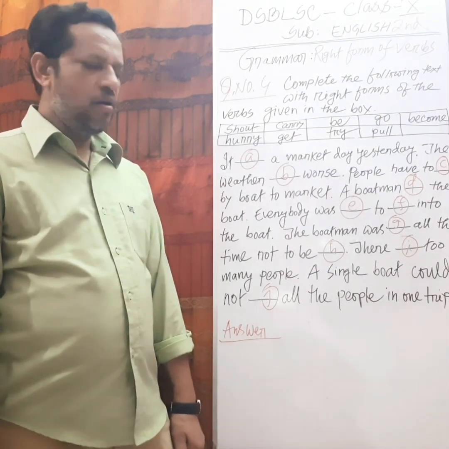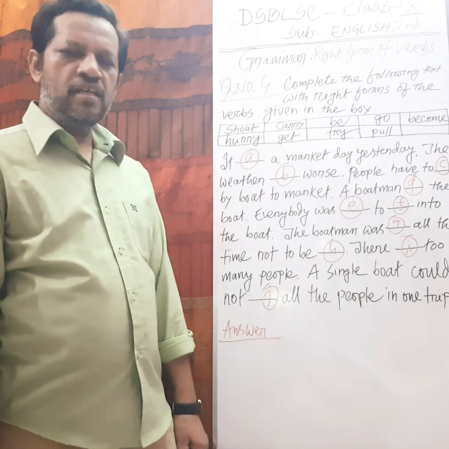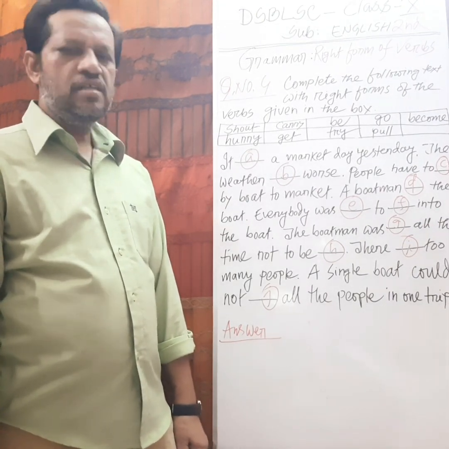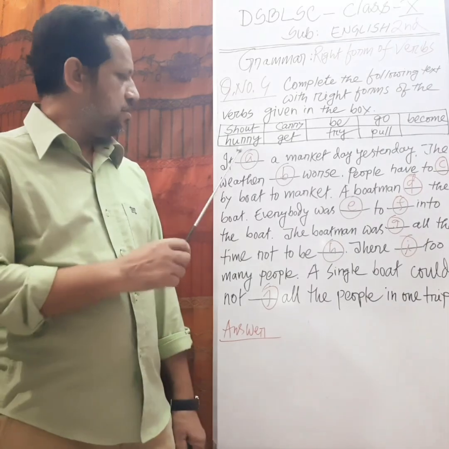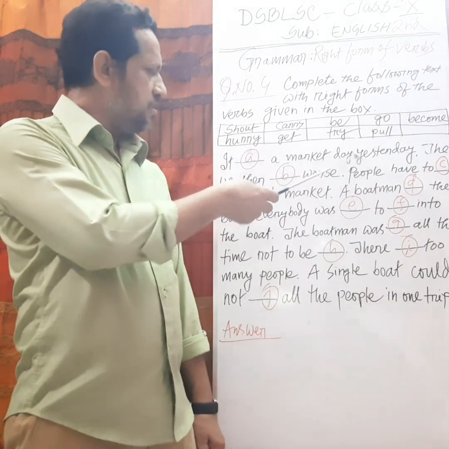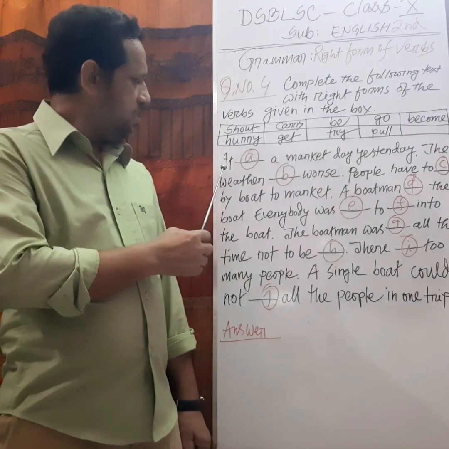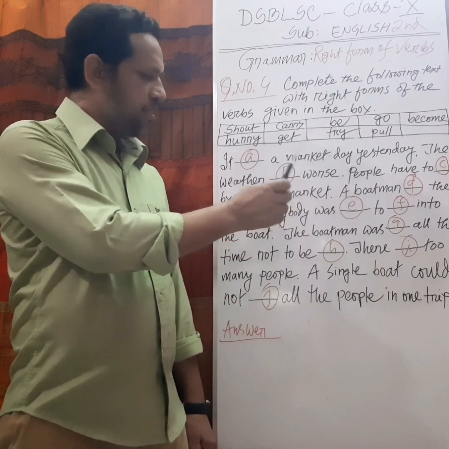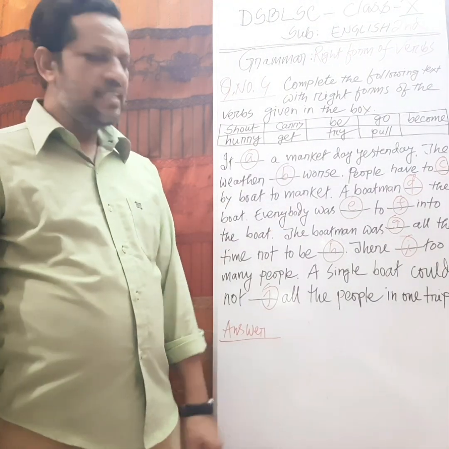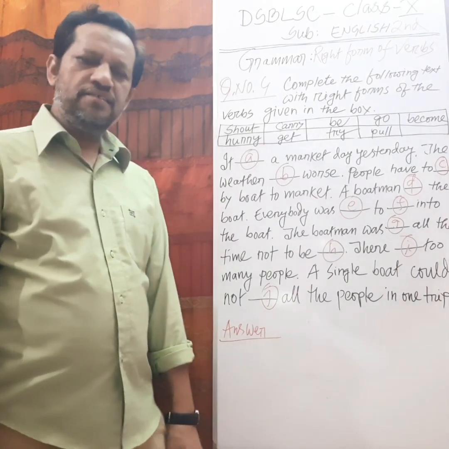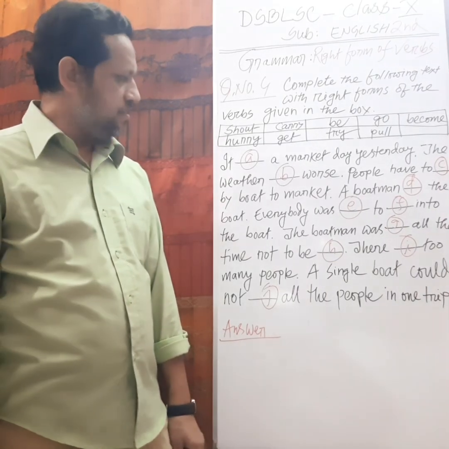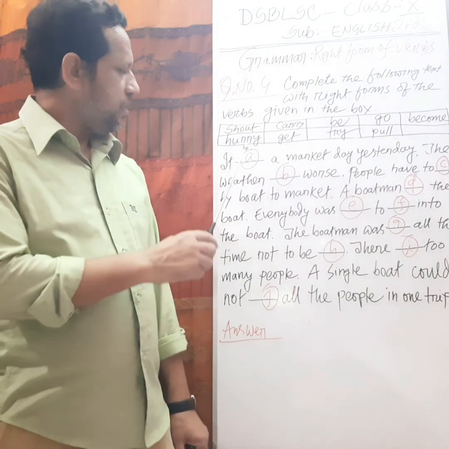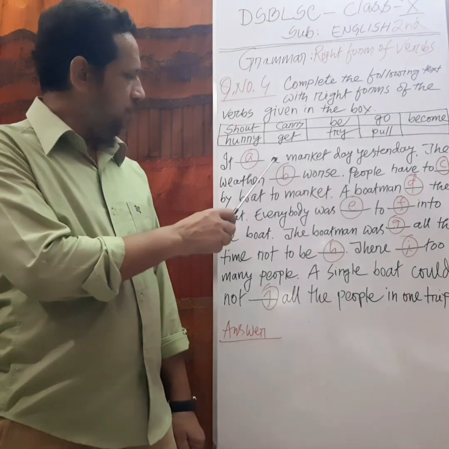Actually, you have to read the passage very carefully, try to get the meaning of the passage, and then try to use the correct form of the verbs. My dear students, you can see that it gap a market day yesterday. So we can easily think that the sentence is in past indefinite tense.